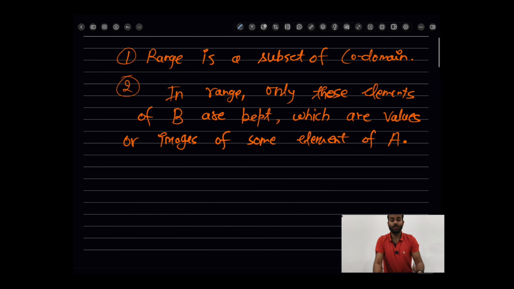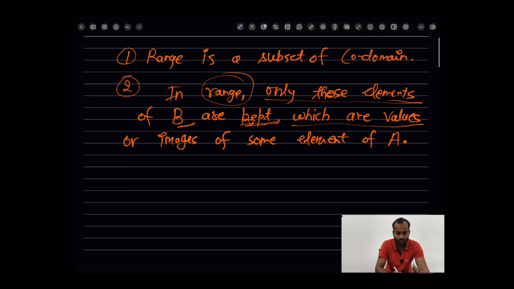So range is a subset of codomain, and in range only those elements of B are kept which are values or images of some elements of A. That means if we collect all the images of the elements of domain, then this set is called range, and this is a subset of codomain.